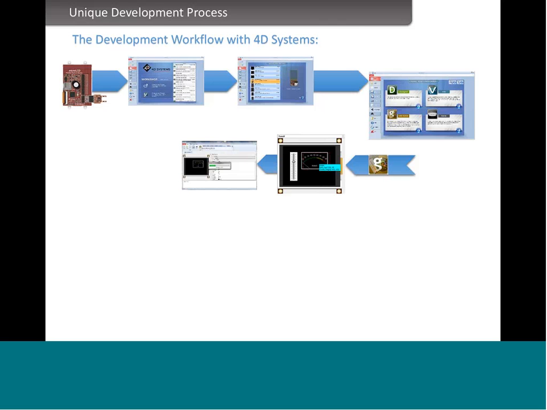It will download the program onto the display module with the 4D programming adapter or cable. Then you will copy the files, and in the same step, it will copy the files onto the SD card. You will see that later. You insert the card into the display module, and you have a GUI available, just like that.